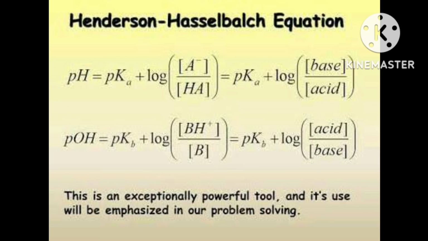Then pKb is equal to what? pKw minus pKa. You have written three equations here. Then all three relations you are going to use here. That's why you have written them here. Okay, then pOH value you have written. pOH is equal to pKa minus pH.